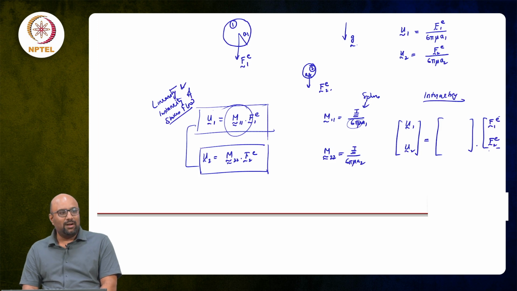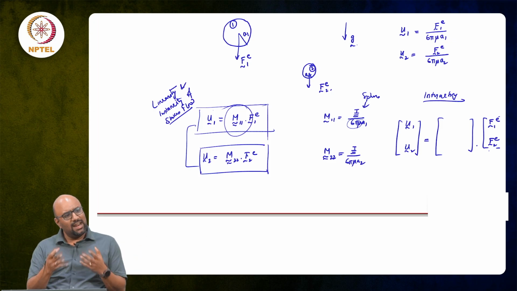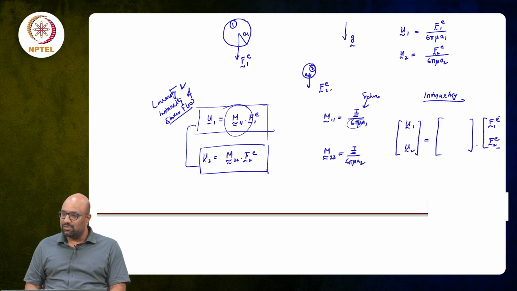That is the statement of Stokes flow: I have two objects, need not be spheres, any two objects. If these two objects are under the action of some external force, then the velocity of any of these two objects would depend on the force experienced by each of these objects.